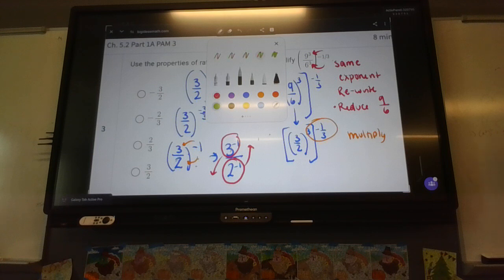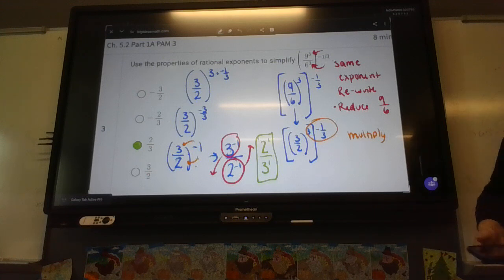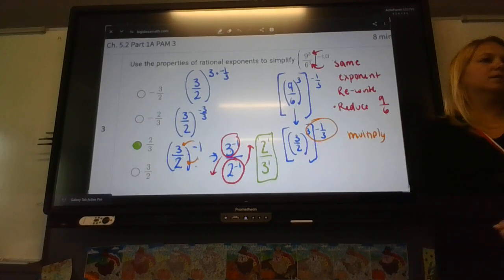Since they both have negative exponents, you can swap it. You can flip it, but that's only if they both do. So this ends up being 2 to the first over 3 to the first. You have to make your powers positive. That's how you go from a negative exponent to a positive exponent.